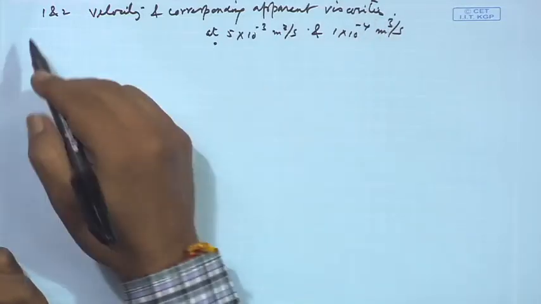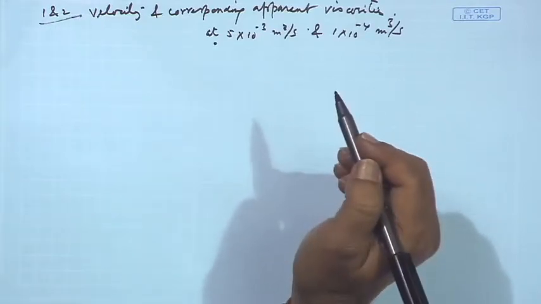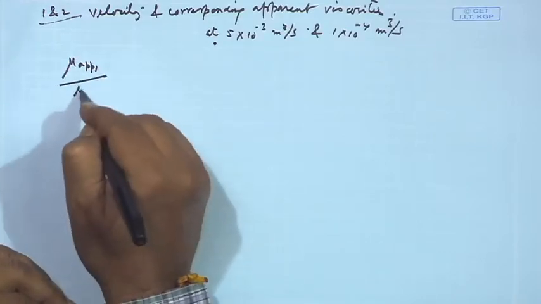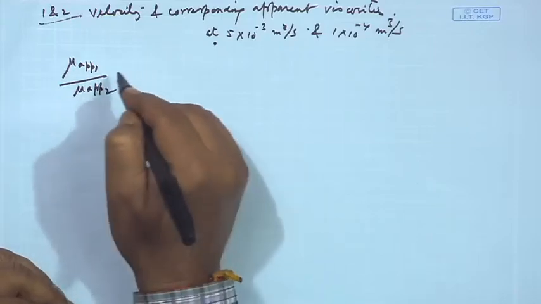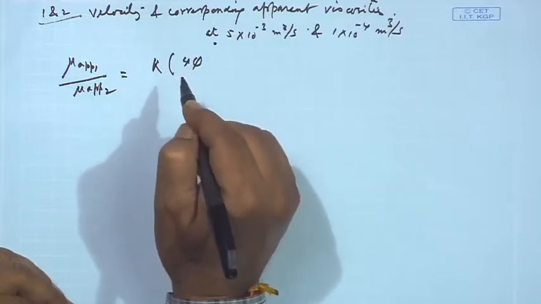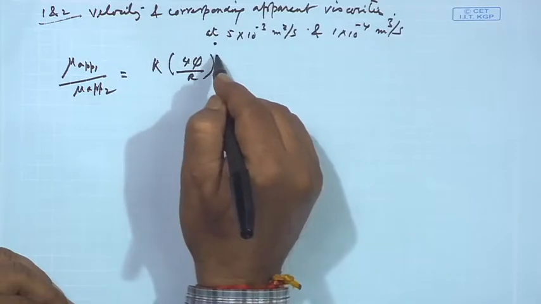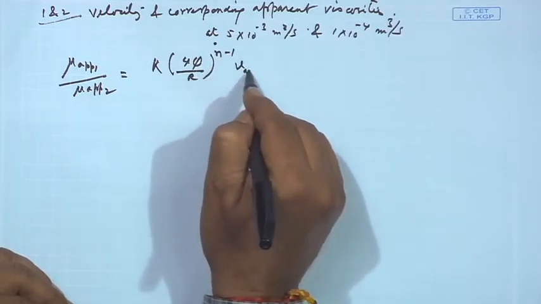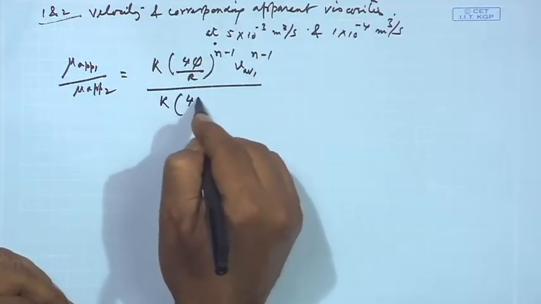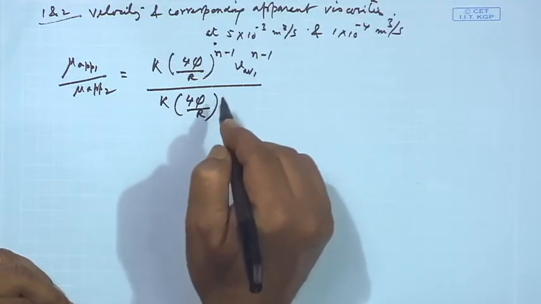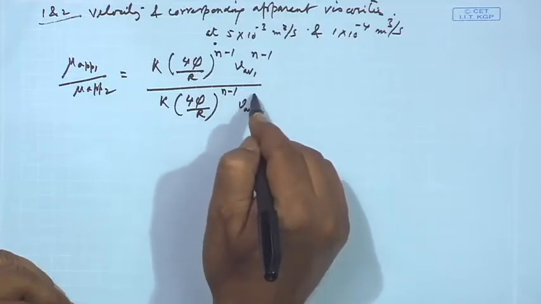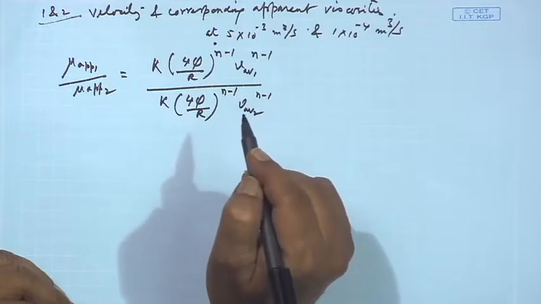So for this flow, if we use 1 and 2 as the subscripts, then we can write that mu apparent 1 over mu apparent 2 can be written as K into (4 psi divided by R) to the power n minus 1 times V average 1 to the power n minus 1, divided by K (4 psi divided by R) to the power n minus 1 times V average 2 to the power n minus 1, right.